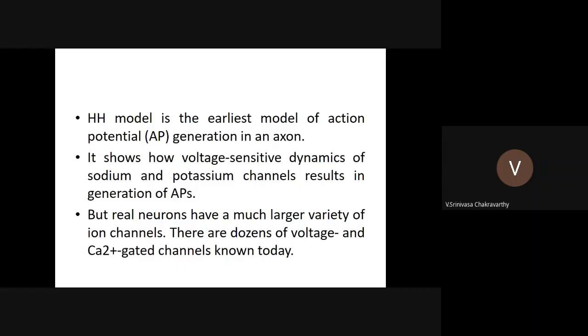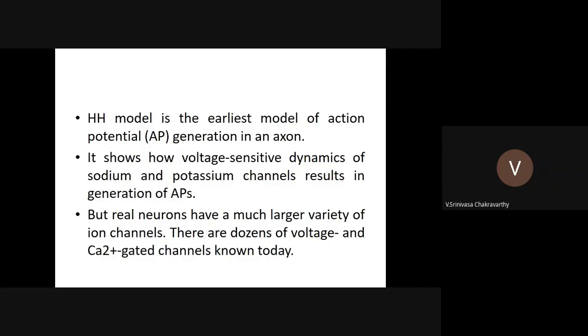Like I said, the Hodgkin-Huxley model is the earliest model of action potential generation in the neuron. It's a point neuron model, and the action potential is generated because of the voltage-sensitive dynamics of sodium and potassium channels. But there are lots of other kinds of channels, and different neurons have different kinds of channels. So the Hodgkin-Huxley model is only one kind of neuron model. In the last demo class, you might have seen in the NEURON simulator that you can put together all sorts of neuron models with all sorts of ion channel combinations.